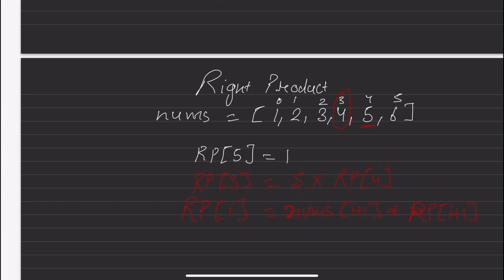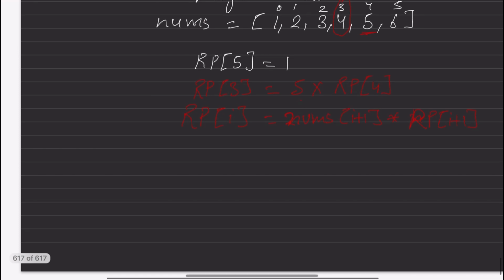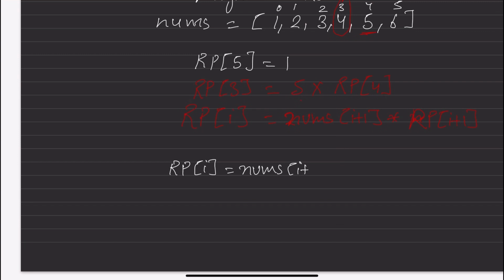So we get all three formulas. Let's write here only. RP of I equals nums of I plus 1 into RP of I plus 1, right?